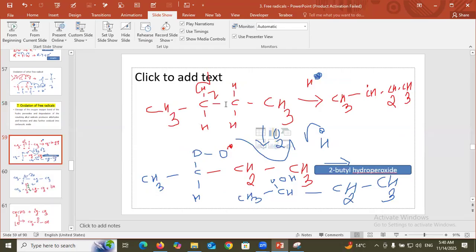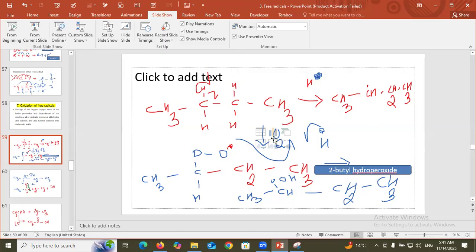See in this example, this free radical, by single electron movement, removes this hydrogen free radical and forms another free radical.